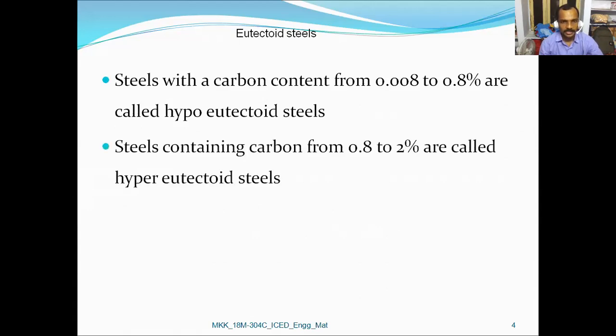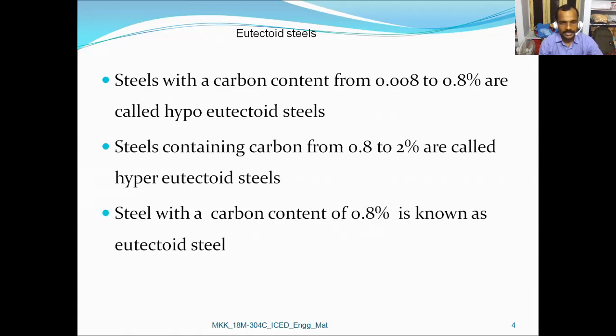And the steels containing carbon from 0.8 to 2% are known as hypereutectoid steels. Steel with a carbon content of 0.8% is known as eutectoid steel.